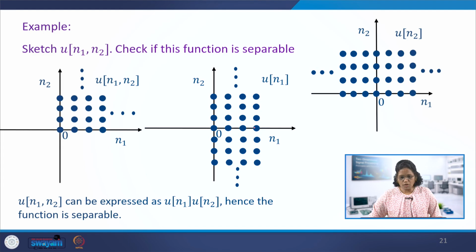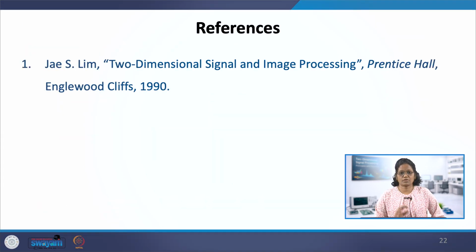So what we learnt in the case of 2D signals: we had a recap of 1D signal processing, and then extended what we learned to 2D. We have seen the basic 2D signals, like the impulse and the step sequences, both 1D and 2D, and we also learnt the separability concept.